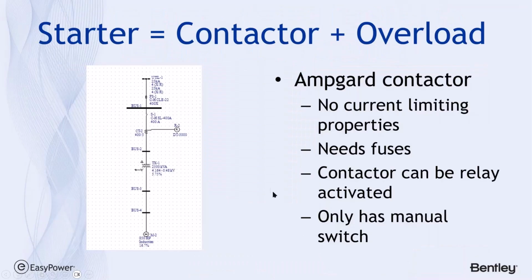So in EasyPower, the name of the game is to start off not with a fused switch, but with what you want to call a fused contactor, because the Ampgard switch by itself doesn't have any current protection properties, so it needs the fuse, but it also needs the relay for activation.